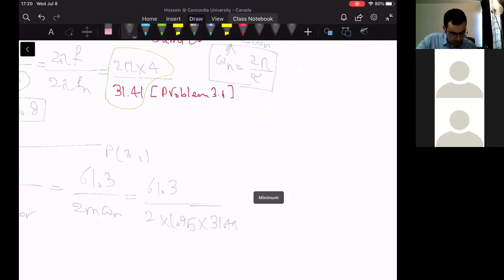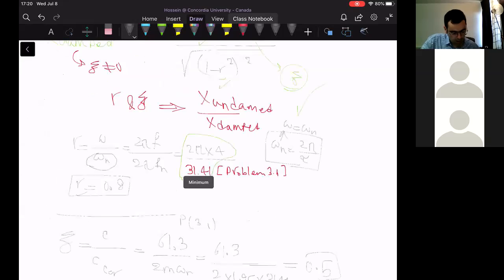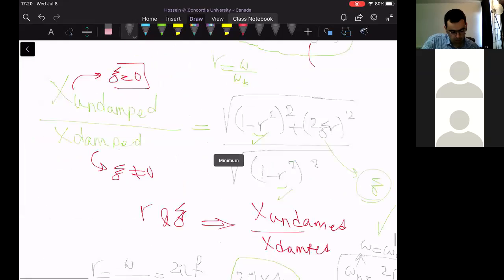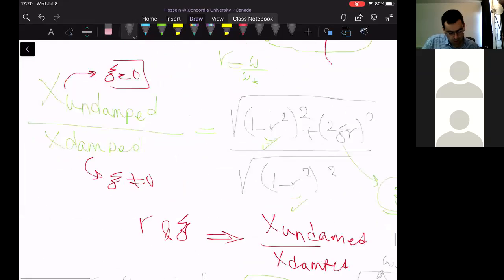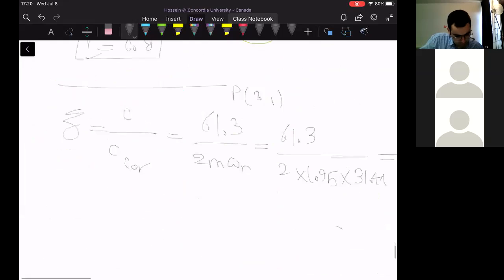Therefore, the damping ratio is one half. So we have the damping ratio, we have R. You could easily calculate this ratio. You were supposed to know this.